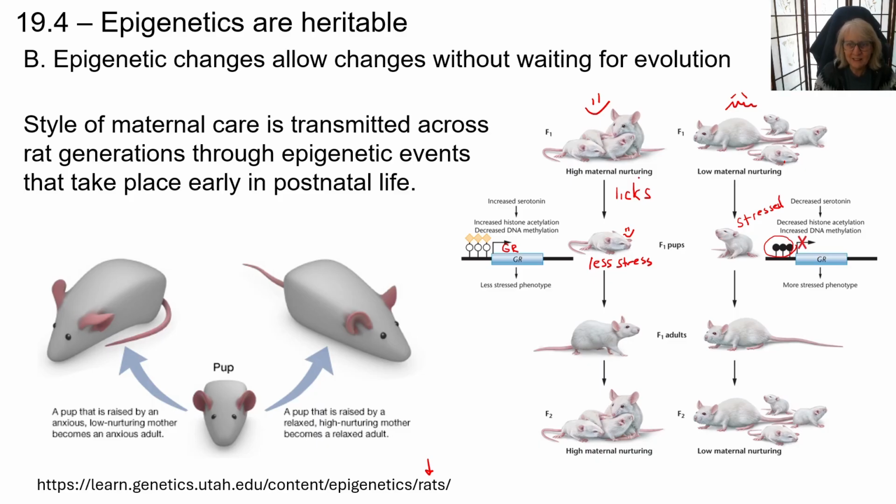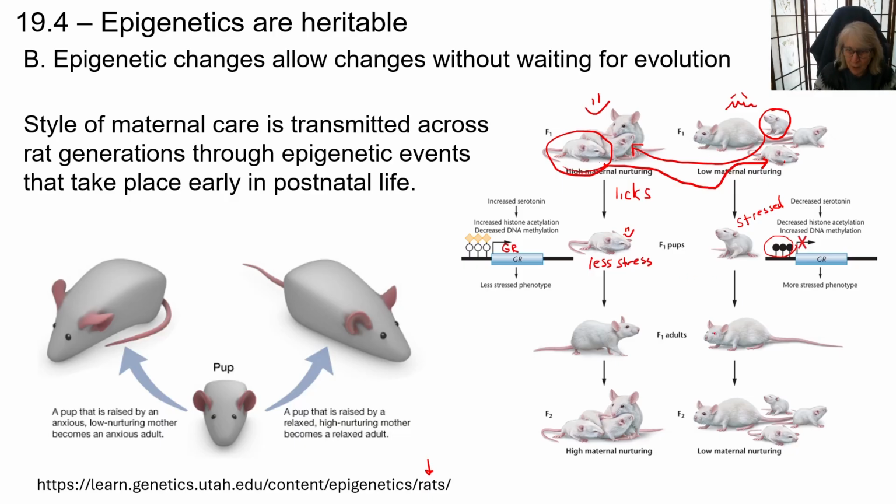But it turns out if I take this pup here and I give it to this mom when it first is born, this mom licks more, and this pup ends up being less stressed. And if I take this pup and I give it to stress mom, this pup ends up being more stressed because he gets licked less.